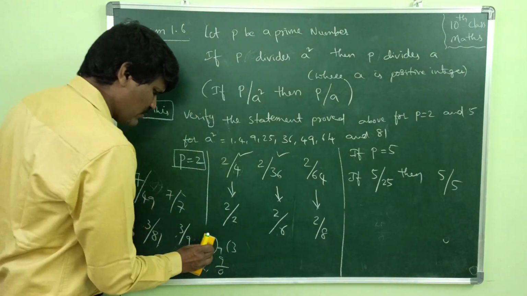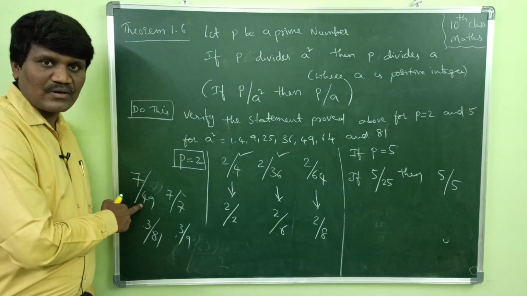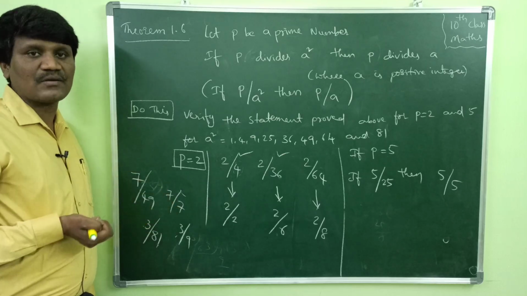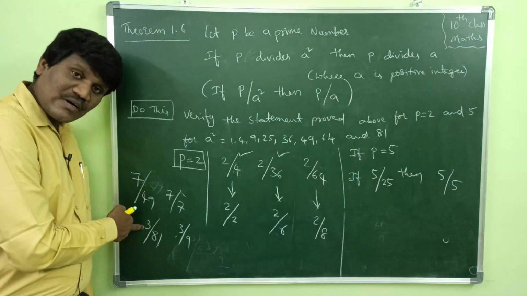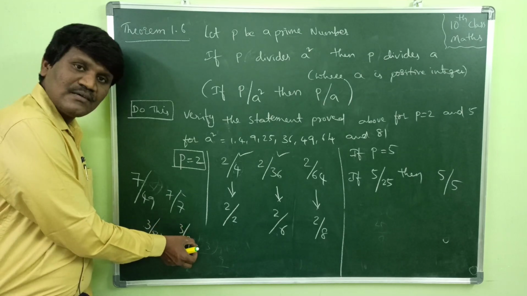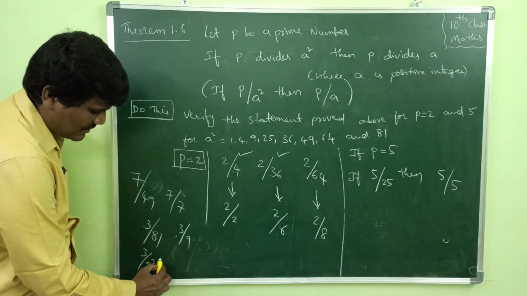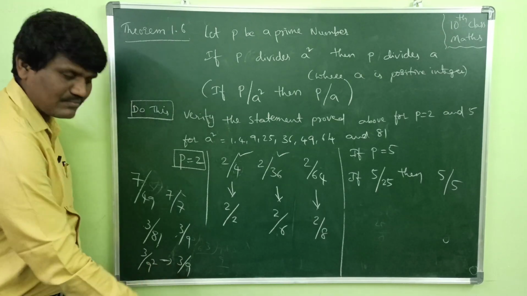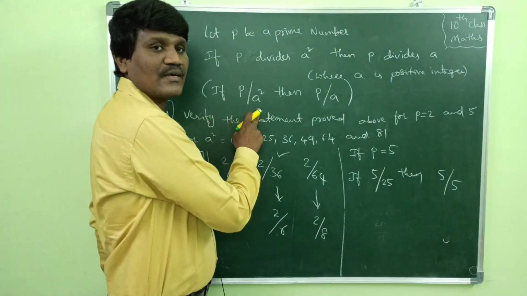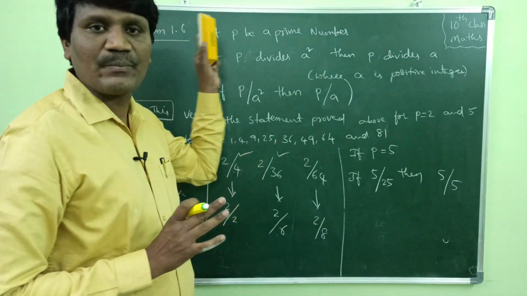So whatever prime number you take, if the prime number divides the square of a number, then the prime number also divides the number. So you can write 3 divides 9 square, then 3 divides 9. In general, if p divides a square, then p also divides a. This is theorem 1.6.